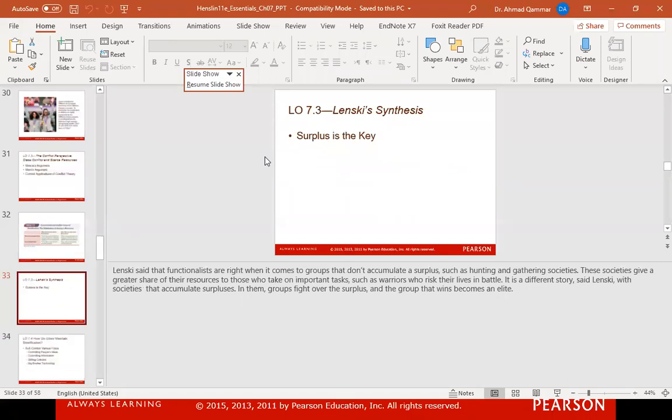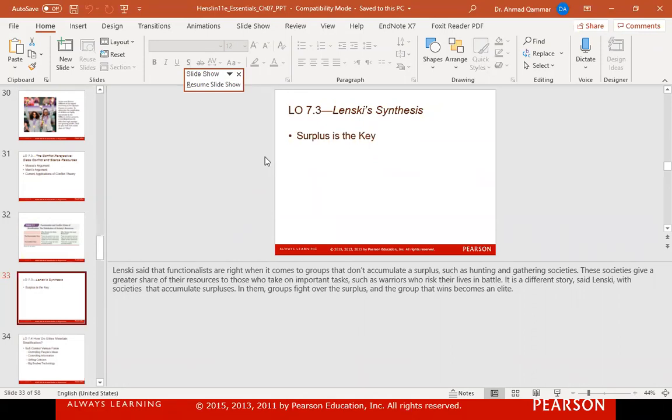However, as I said before, it is different with modern societies, where we accumulate surpluses. Accumulation of surpluses creates power, right? So groups do not fight over the resources that they need immediately. Rather, they fight over the surpluses, and they want to accumulate more.